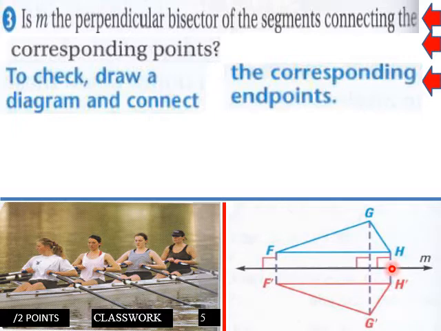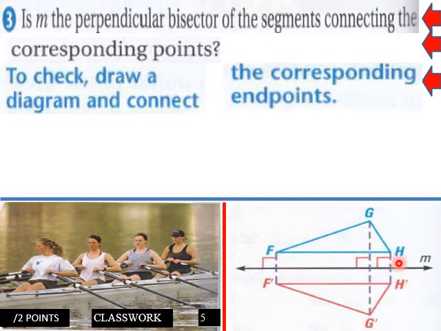In this case, we have a perpendicular that joins G prime and G, and then F prime and F would be a perpendicular bisector of the segments. I guess it's equidistant from M on this perpendicular, so in that respect it would be.